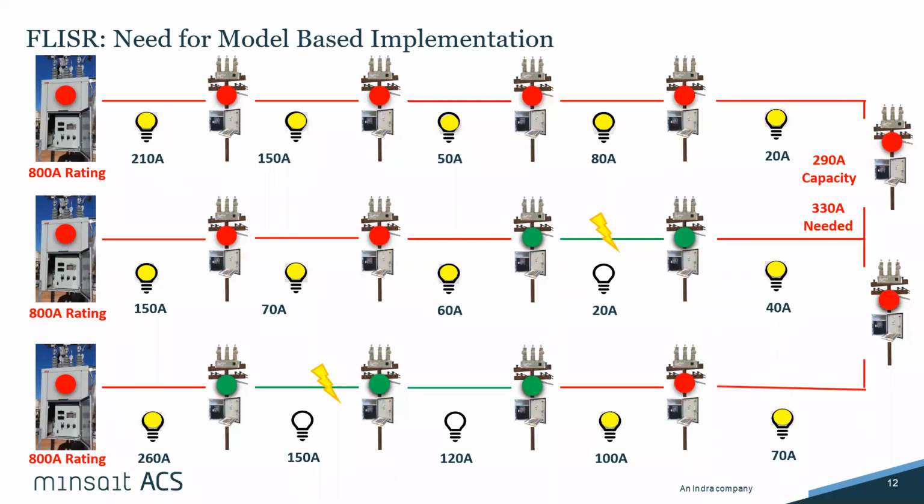So really, this is meant to show the importance of having a model-based system that can dynamically handle a changing environment and changing load conditions, and be able to do as much restoration as possible on your system.